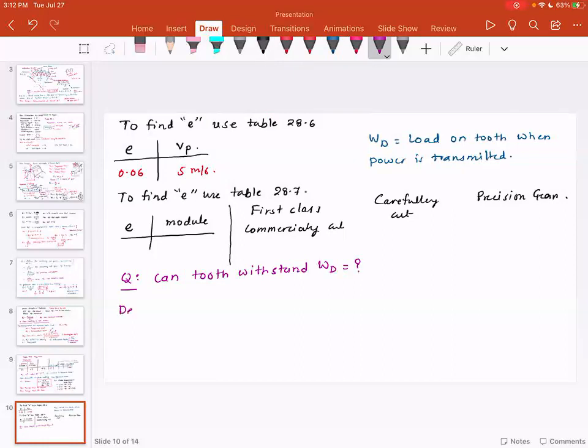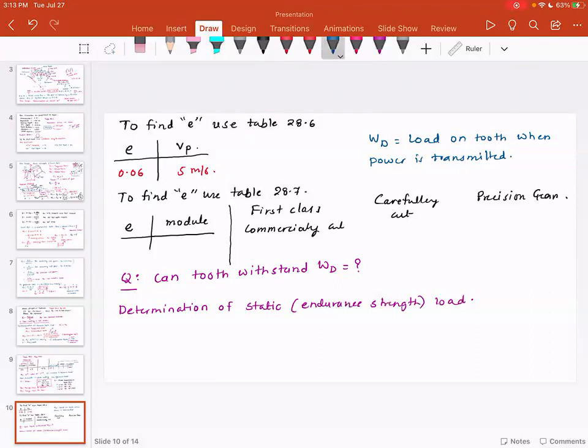So, determination of static, or the right word would be endurance, strength load. And this endurance strength load is dependent on the capacity to withstand fatigue.